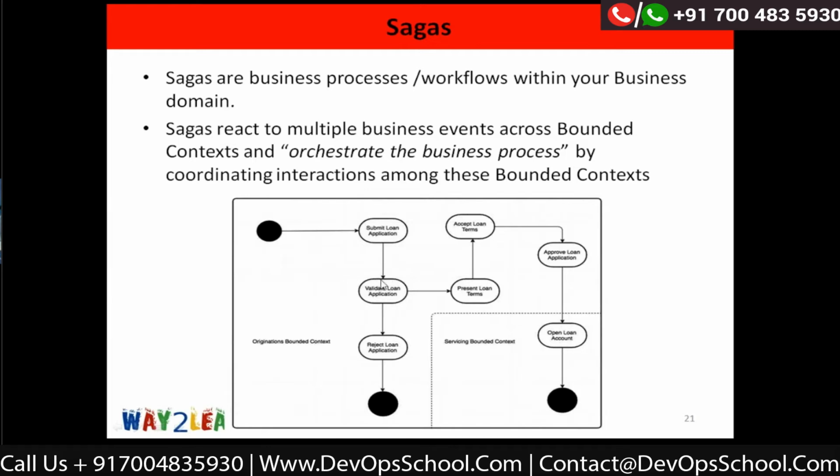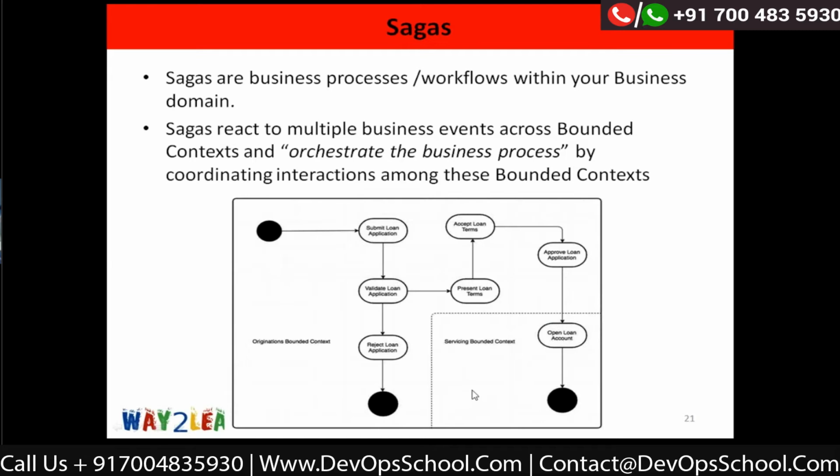If the loan application is not valid, then reject the loan application. The workflow will end here. If the loan application is valid, present the terms and conditions, then the user might accept the terms and conditions. Once the acceptance is done, the loan should be approved. Once the loan is approved, a loan account has to be opened, right?